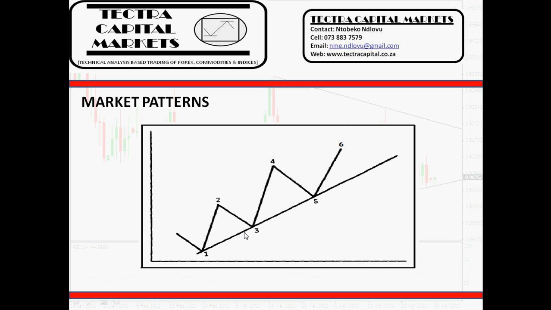It's being supported by the diagonal line, which is moving up from left to right, and every time the prices pull back towards the trend line, they are being supported and then moving back up, then they pull back down, then they move up. So in a financial market, by definition, an uptrend is a series of prices that are making higher highs and higher lows, and those lows are supported by a trend line which is going in an upward direction.